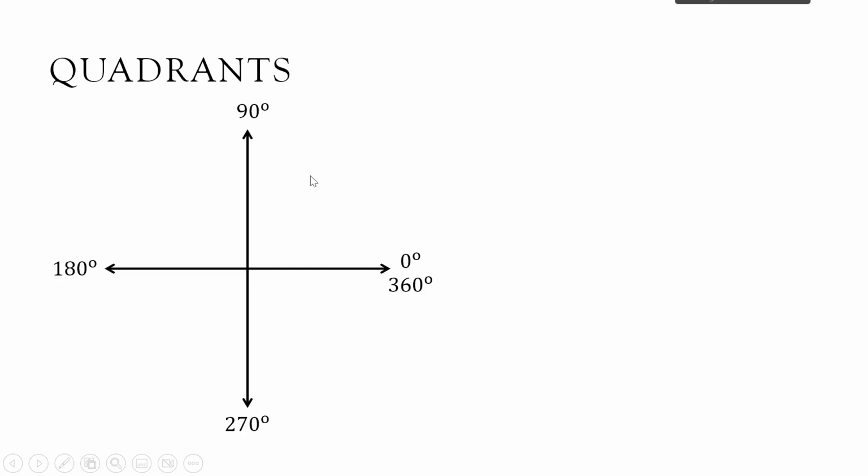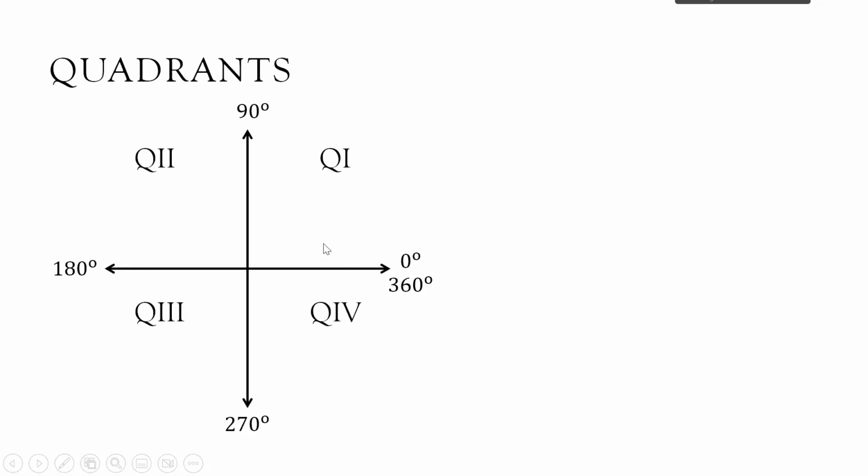I have this top right square, this top left square, bottom left square, and then this bottom right square. So this is actually what we call the quadrants of the plane. So this is going to be quadrant 1, quadrant 2, quadrant 3, and quadrant 4.